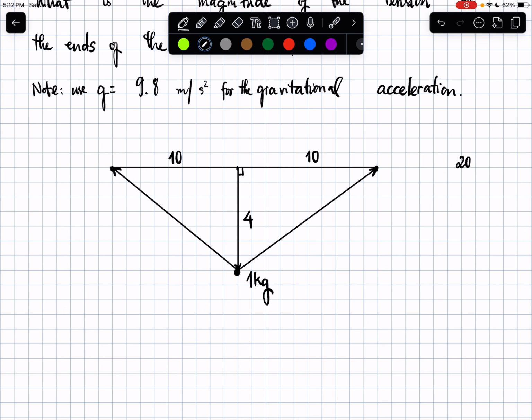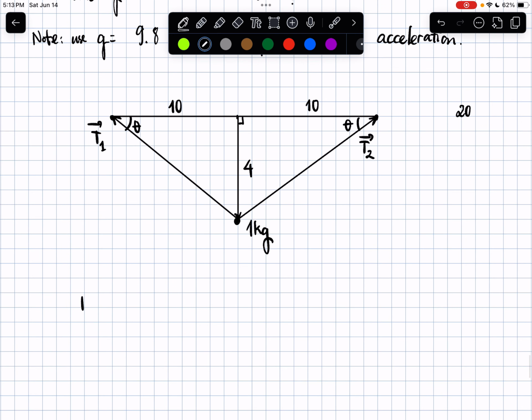Because this point is exactly in the middle, the lengths are the same, so the angle must also be the same. Let me call it theta. The magnitudes of the vectors T1 and T2 must be the same.